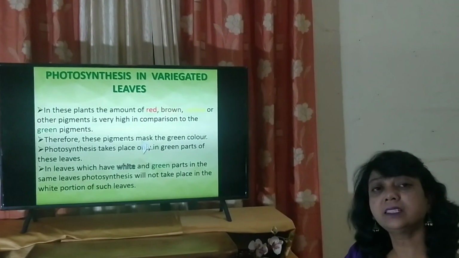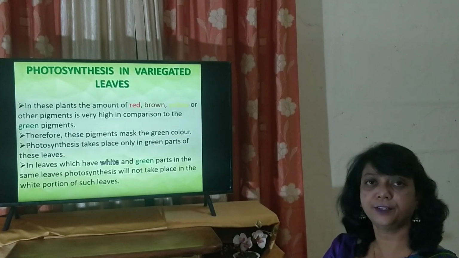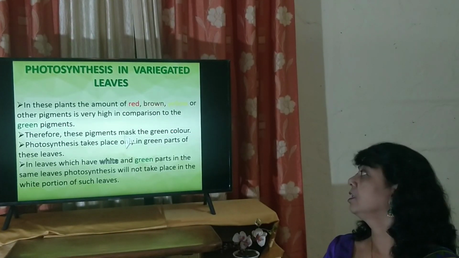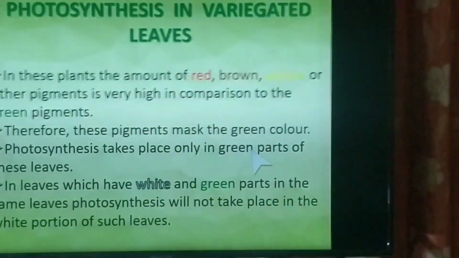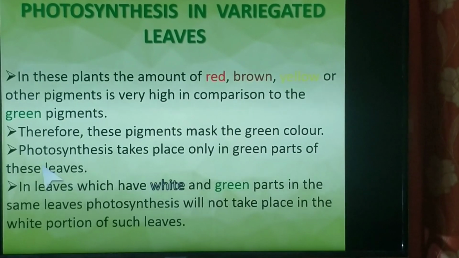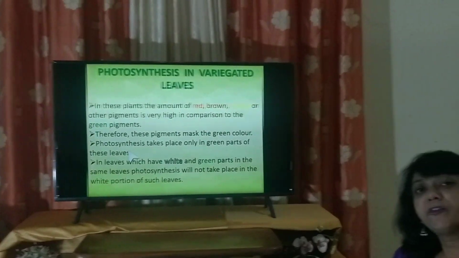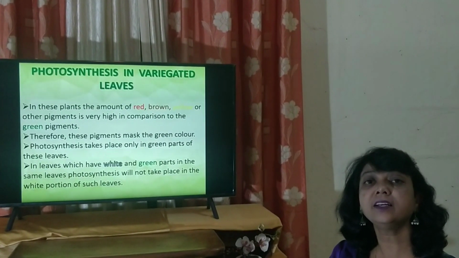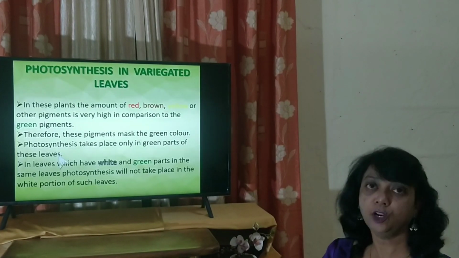Mask means that these pigments are in high concentration, so they cover up the chlorophyll. Photosynthesis takes place only in green parts of these leaves. That means that photosynthesis does not take place in the areas where these colorful pigments are located.